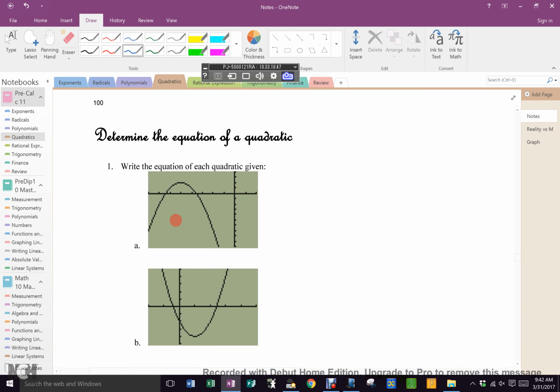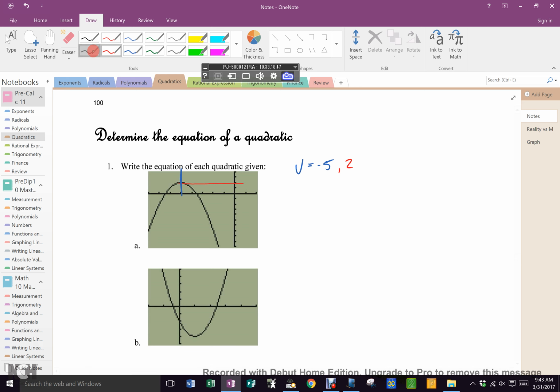It's a little hard to see, but I certainly do. -1, -2, -3, -4, -5 is my vertex, yes? So my vertex is -5, and what is the y value? 2.